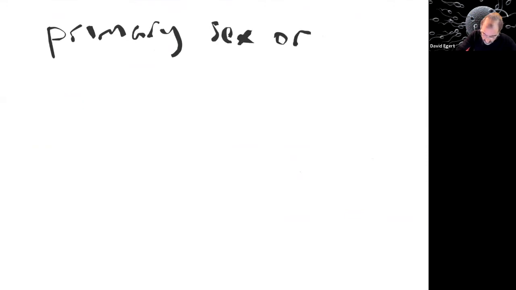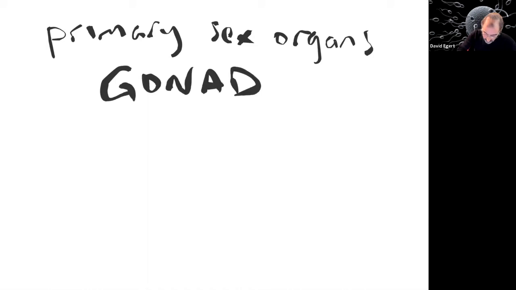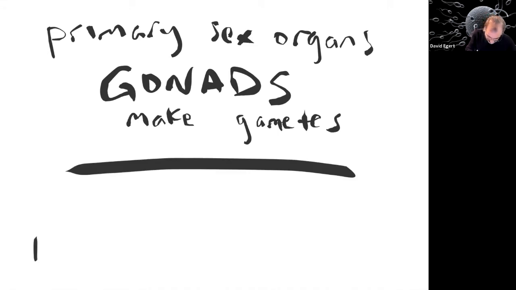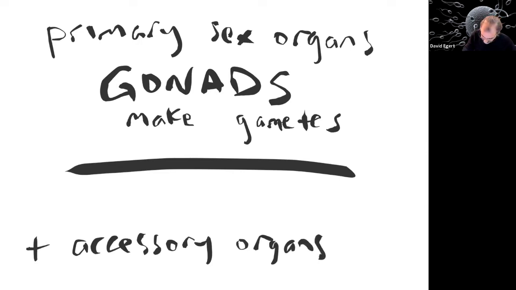When people talk about primary sex organs, basically it's the gonads, which are going to be making the gametes. Everything else is accessory. There are all the little tubes that carry the gametes to where they're going.